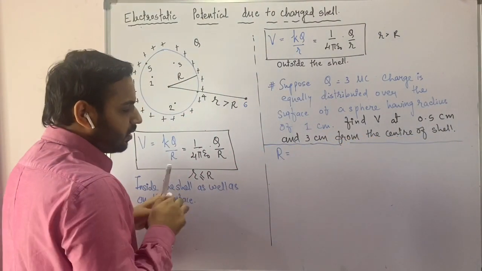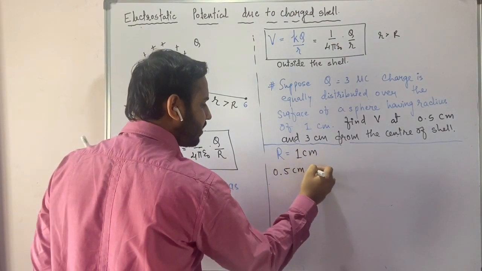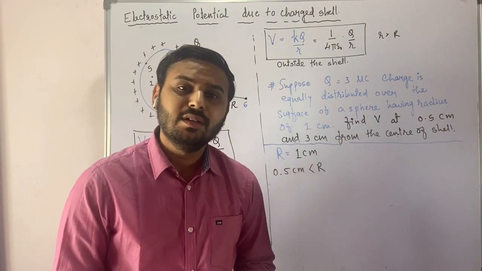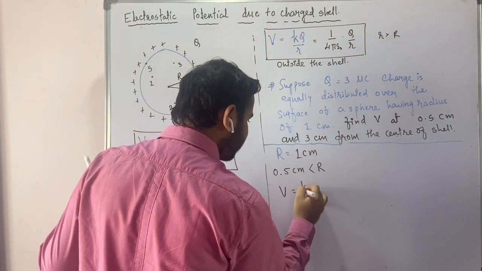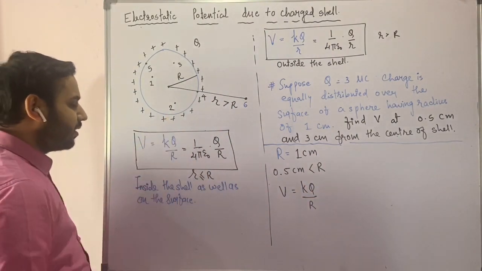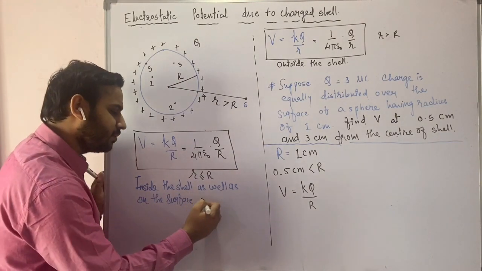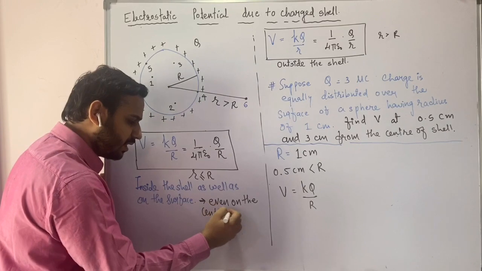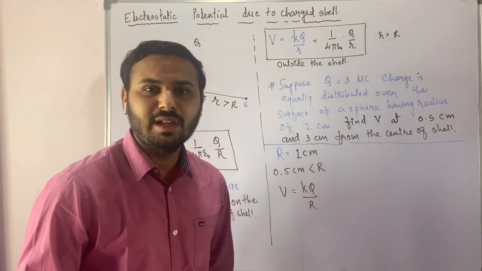For this question, capital R is 1 centimeter. 0.5 centimeter is less than capital R. At any point which is situated on the surface or inside the shell, electrostatic potential is KQ upon R. Even at the center of the shell, because the center is within the shell only.